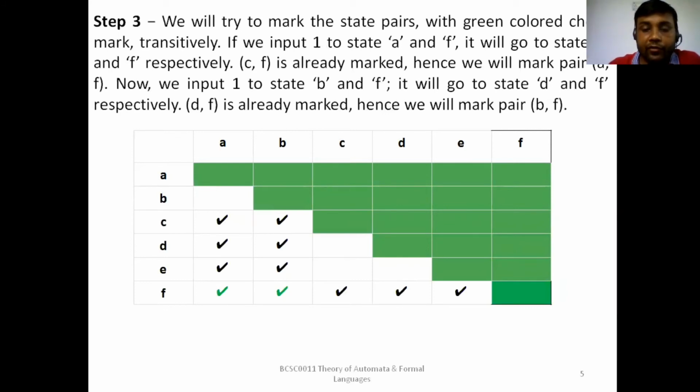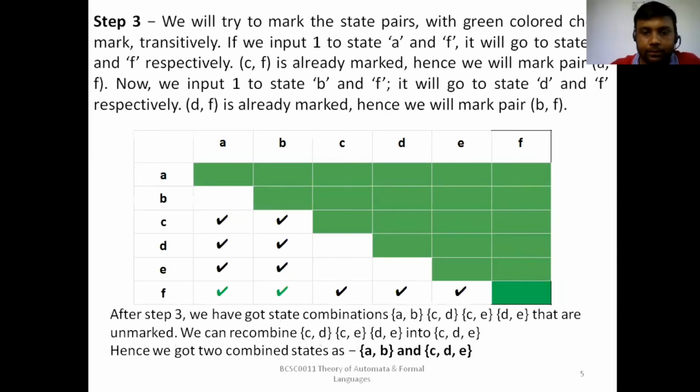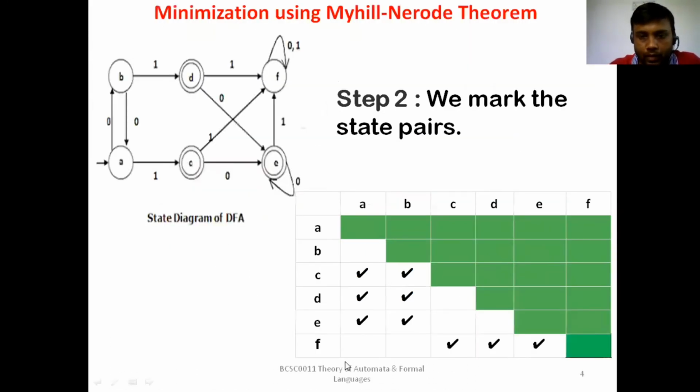In the same way, we have to consider the other unmarked pairs. Let us consider this one, the pair BF.